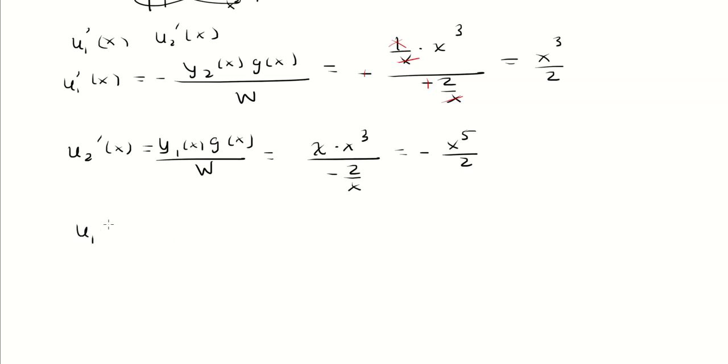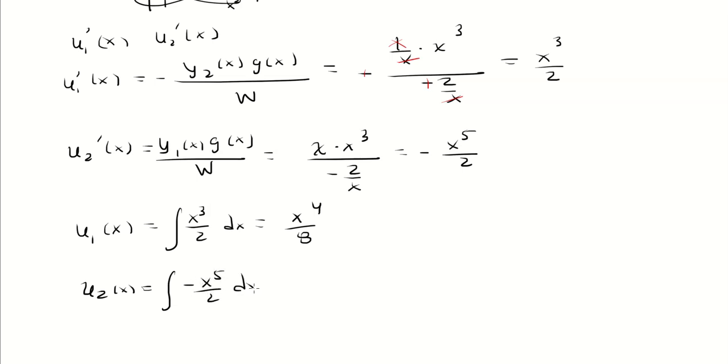So u sub 1 of x will just be the integral of u1 prime of x, which is x cubed over 2, and that's just x to the 4th over 8. And then u2 of x is the integral of u2 prime of x, which is negative x to the 5th over 2, which is negative x to the 6th over 12.